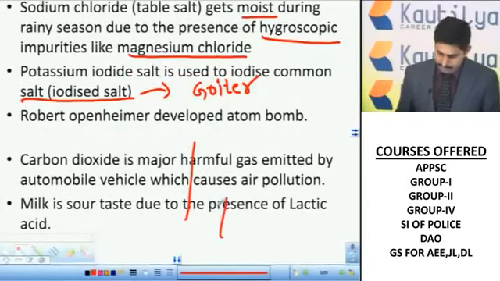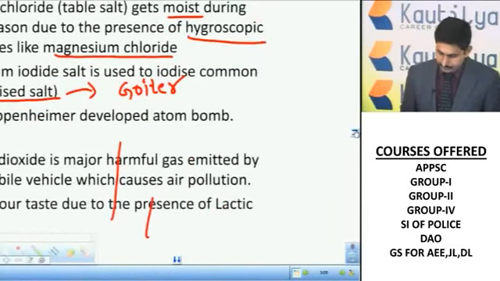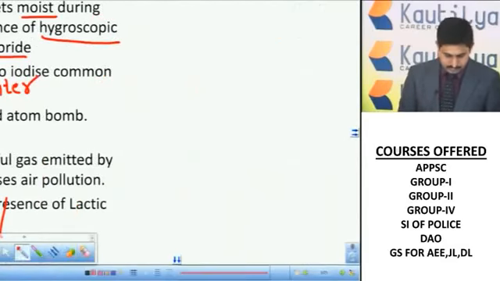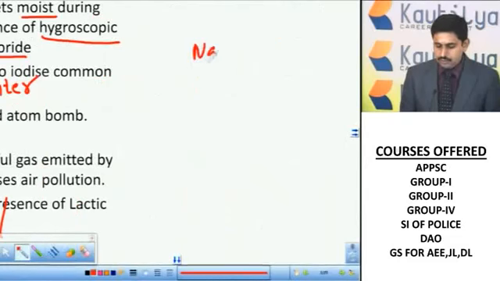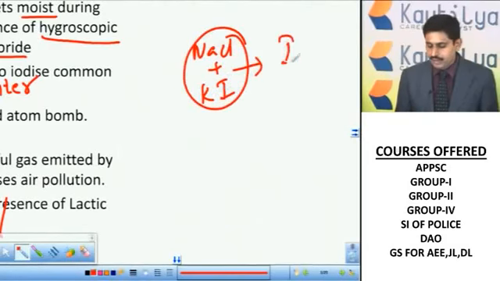Okay, see here, common salt, called sodium chloride. To this sodium chloride we'll add potassium iodide, right? This combination we consider as iodized salt.